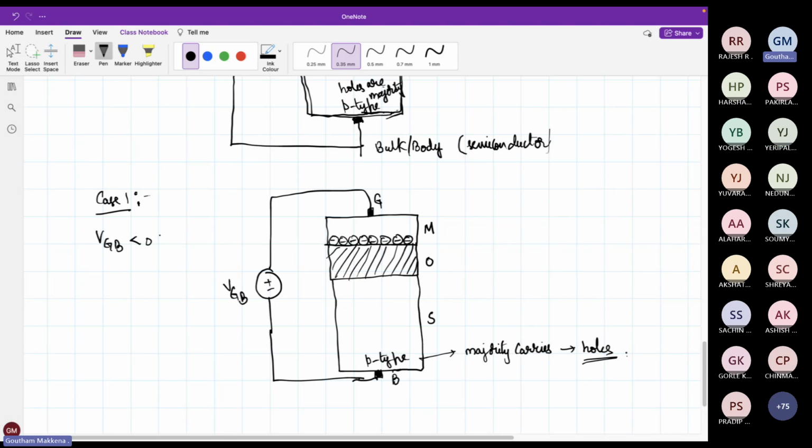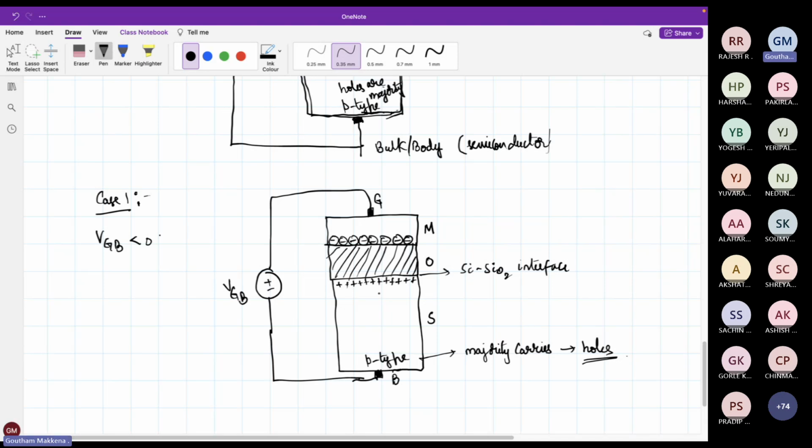It will attract those charges. So it will attract the holes near to the interface. So this is my silicon dioxide interface. This is where the action is happening. Okay. So I am worried about whatever is happening here.